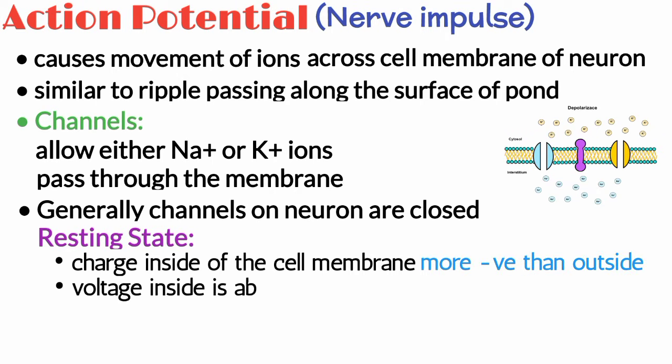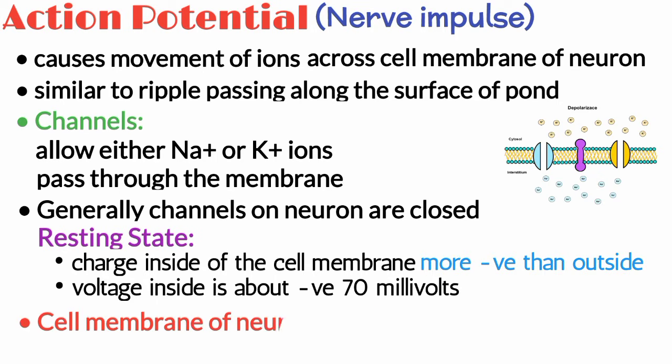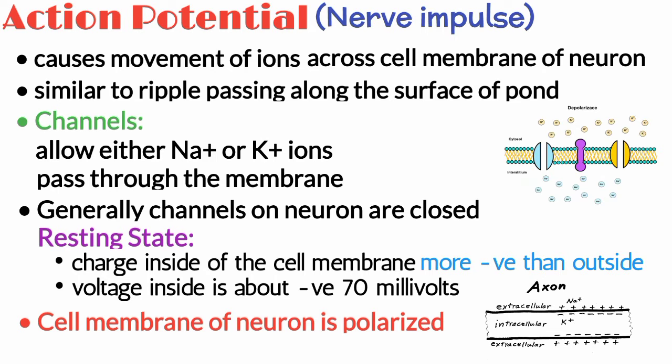The voltage inside this membrane is about negative 70 millivolts, meaning that the inside of the neuron is about 70 millivolts less than the outside. The cell membrane of a neuron is polarized because of this electrical difference across the membrane.